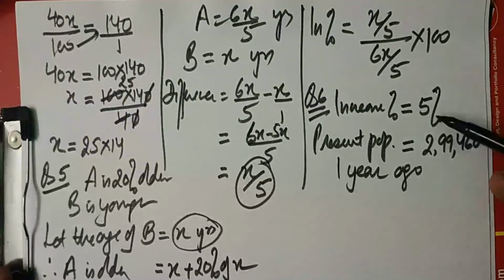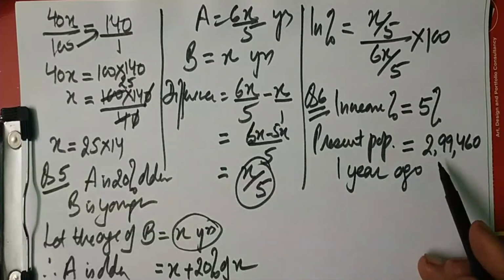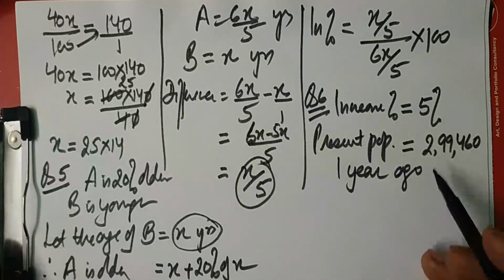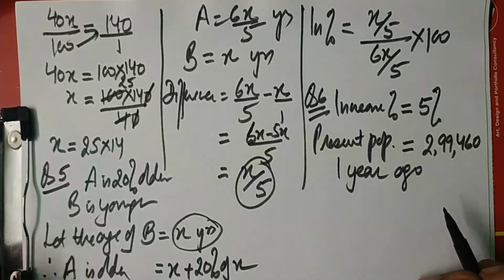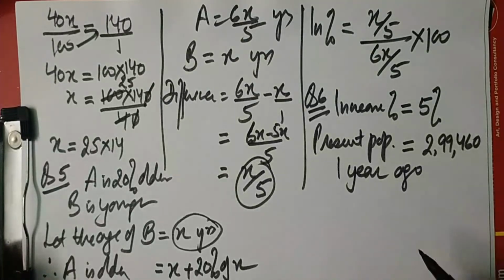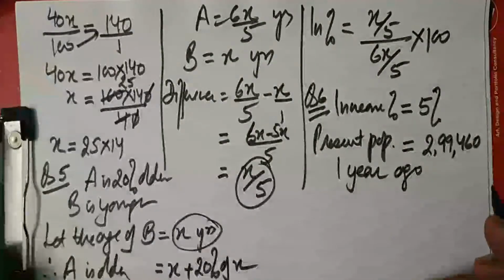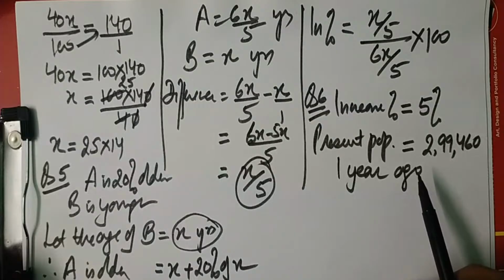So if every year the population is increasing by 5%, population 1 year ago would have been less or more? Will it be less or will it be more 1 year ago? So it will be less.